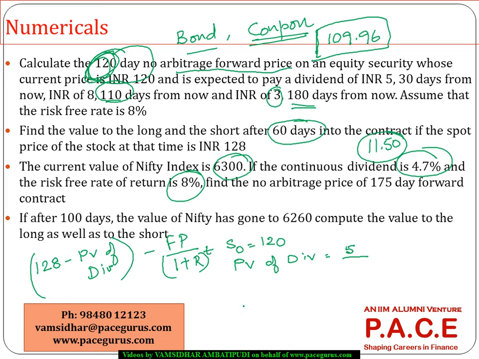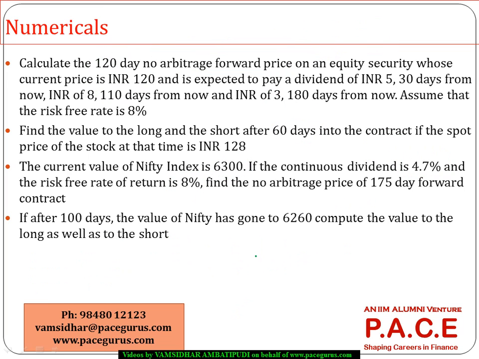So obviously my no arbitrage forward price is S0 into e to the power (r minus d) into T. This is what is going to be the no arbitrage forward price on the Nifty index for 175 days.